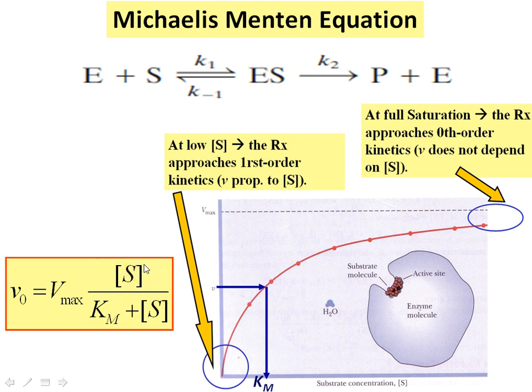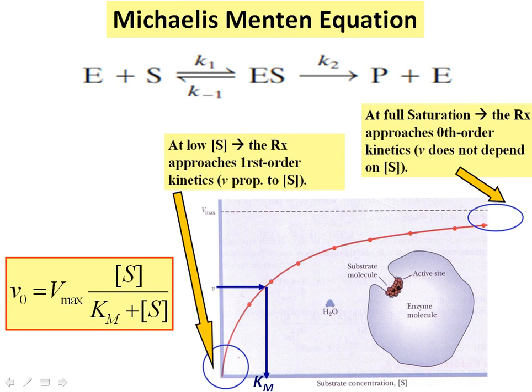So it's a first order reaction: you double the substrate concentration, you double the speed of the reaction in this area. At very high substrate concentration, S is way bigger than Km, and therefore you can ignore Km in the denominator, and S over S is 1, so V0 just collapses into Vmax. It becomes a constant, and it's zero-order kinetics in this case.